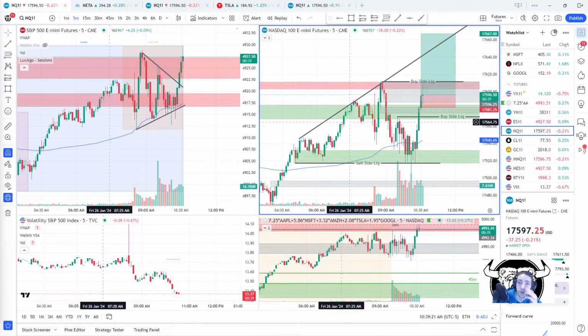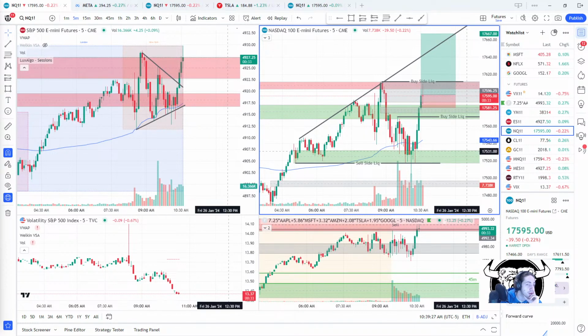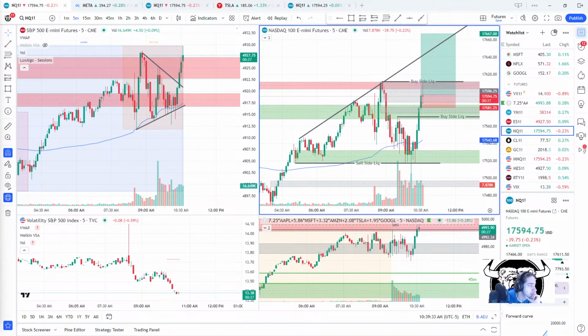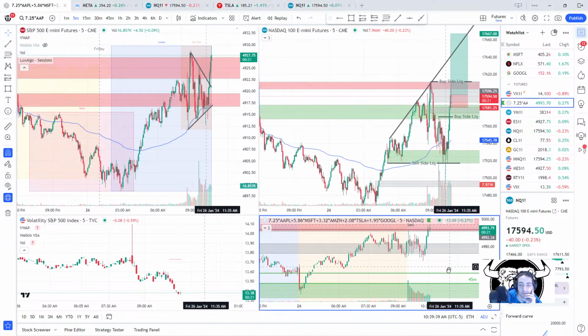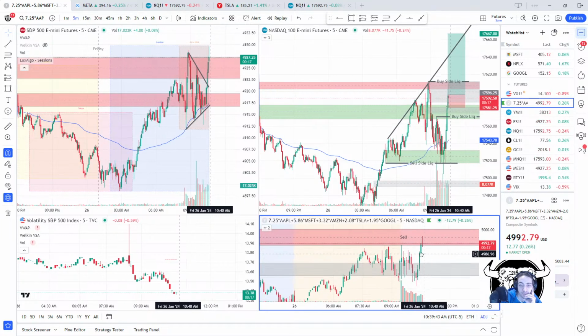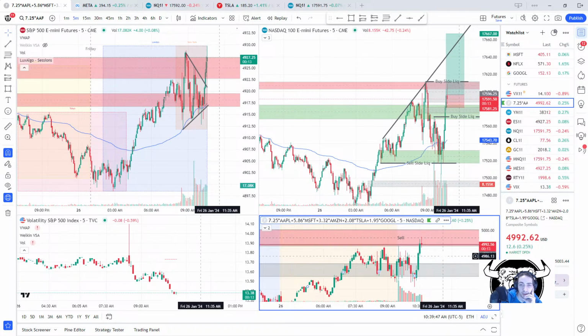Apple with a bit of a pullback. AMD pretty strong still. Nvidia pretty strong still. Tesla above VWAP. Good buying pressure. Would like to see some continuation on the weighted indices.